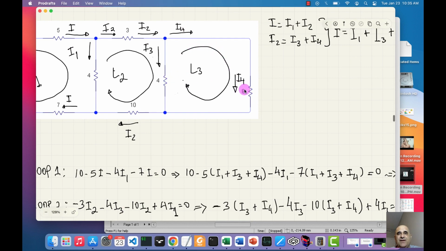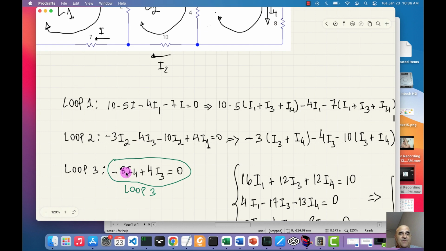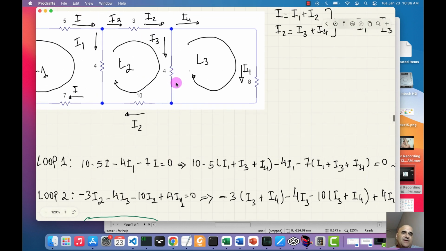Look, we have a voltage drop 8 times I4, which is negative here, and closing the loop, when I go up, this current is going down. So we have a voltage raise, because I'm following the loop and I just saw this current coming from the opposite direction.